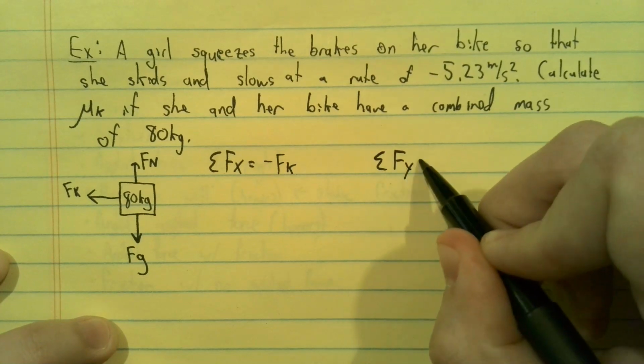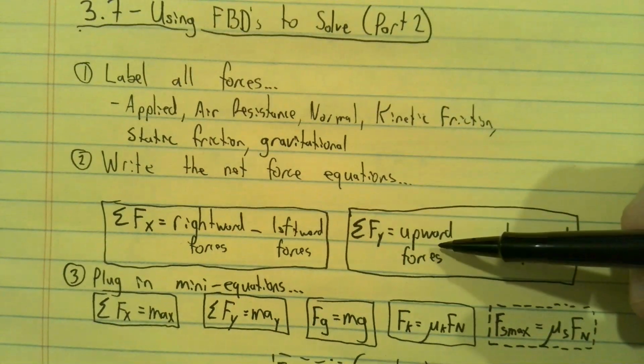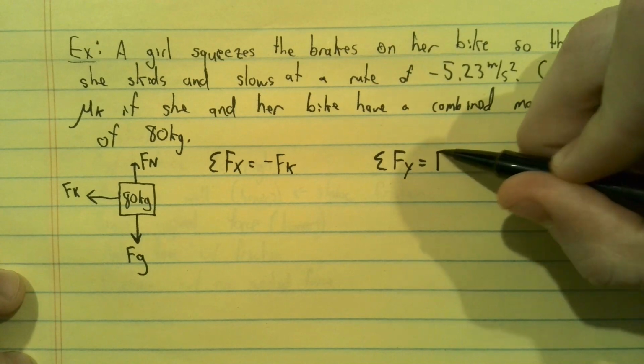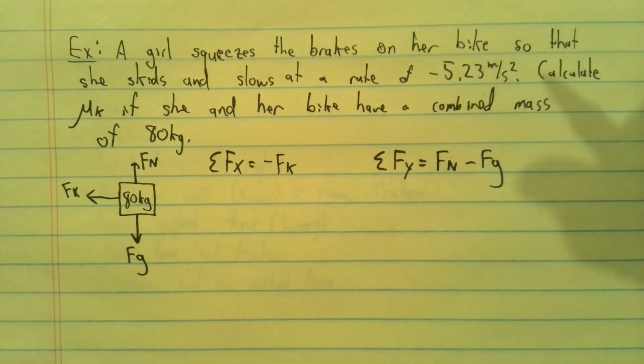Sigma Fy, the net force equation, is defined by any upward force minus any downward force. The only forces we have are Fn and Fg in the vertical dimension. Fg is negative because it's down.